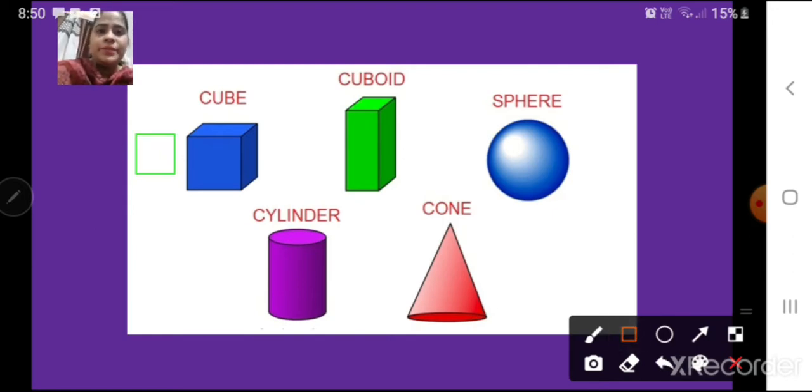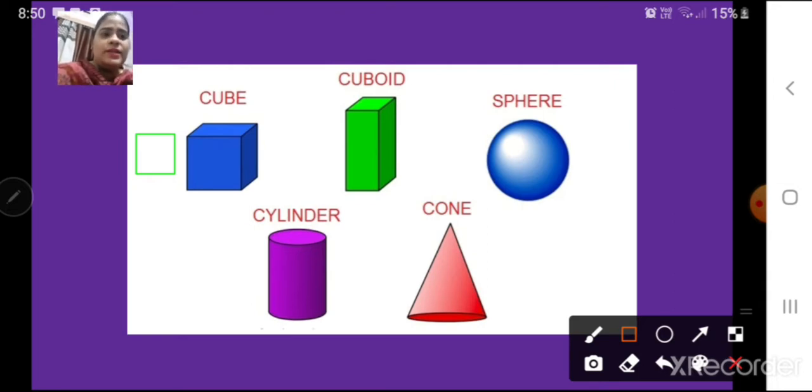A square is flat, but a solid shape is a 3D image. It has all the sides, right? A cuboid looks like a rectangle. A rectangle is a 2D image and a cuboid is a 3D image.